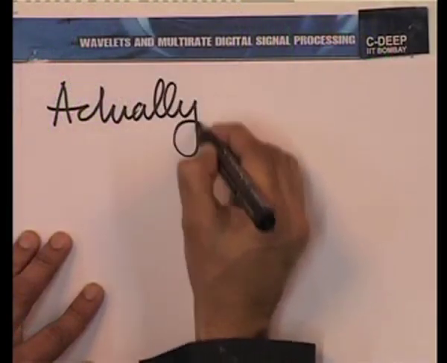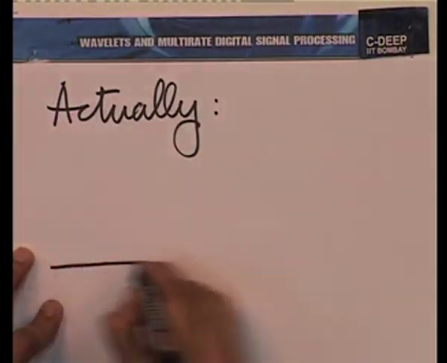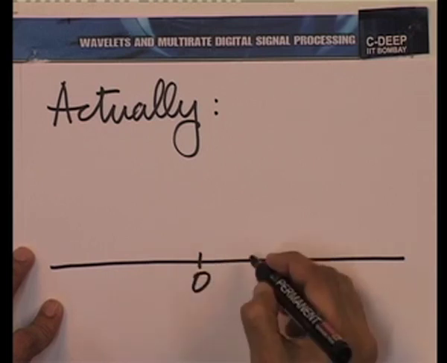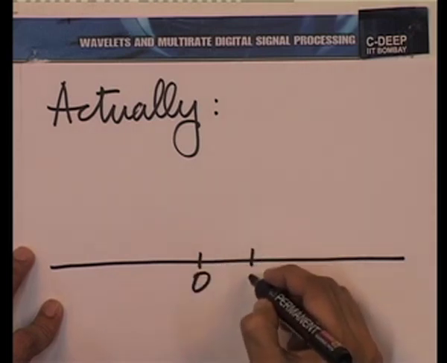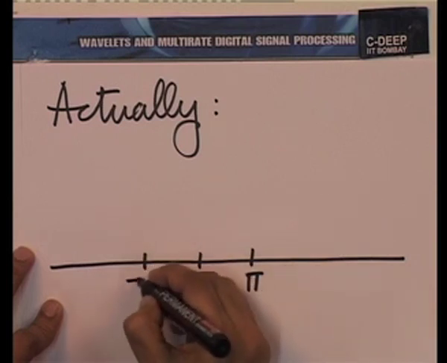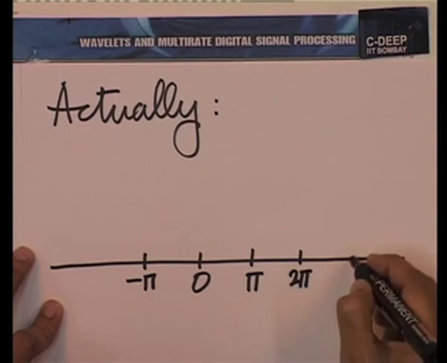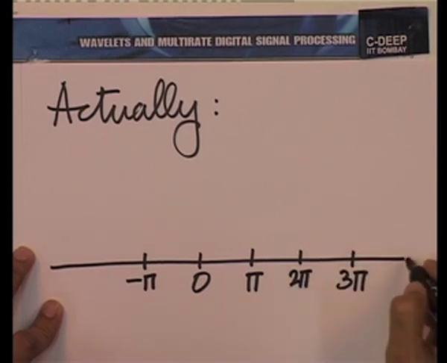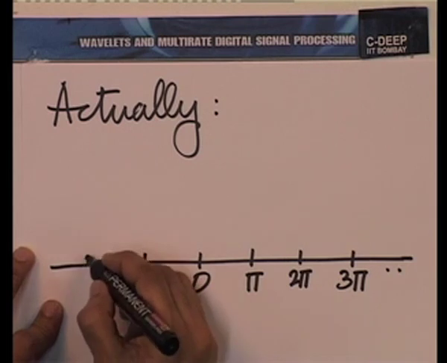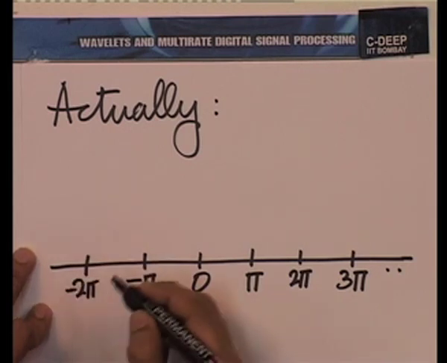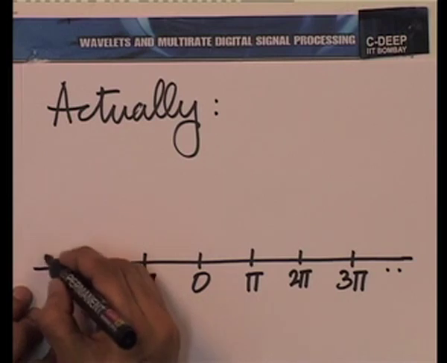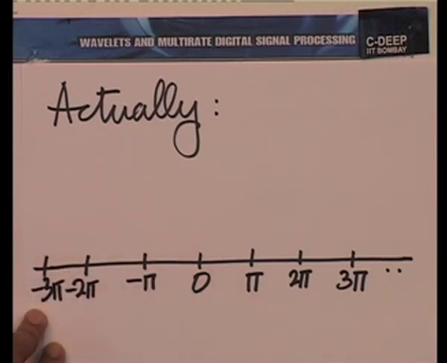So, recall that actually this is what X of e raised to the power j omega is. So, we will do a bit of zoom here. All right.